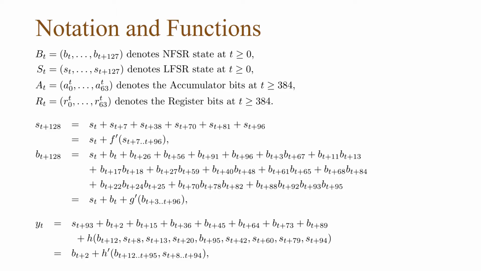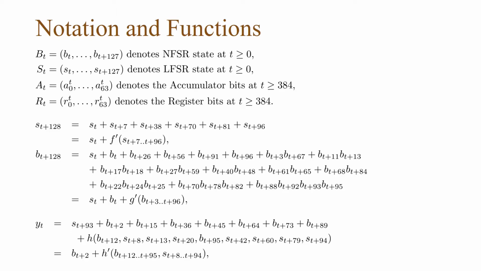And capital R is the content of the register at the same time, that is after the initialization of the cipher. Then we have three main functions to update the cipher state and to produce the output. S_{t+128} is the update of the linear feedback shift register, B_{t+128} is the update of the nonlinear feedback shift register, and y_t is the output function.